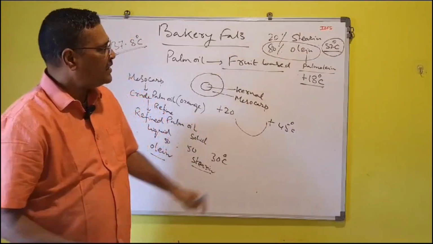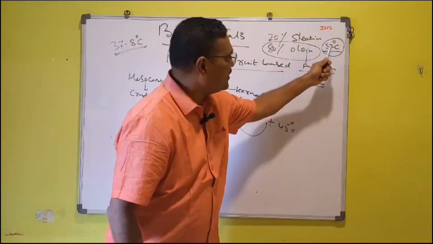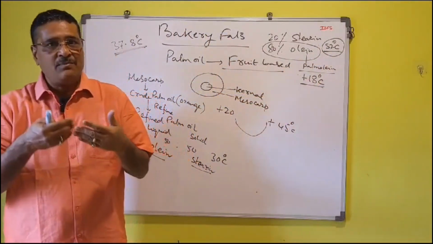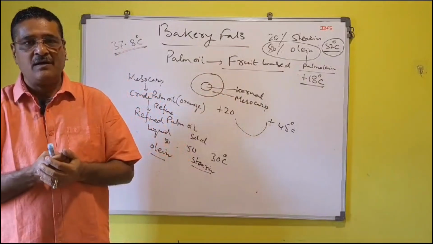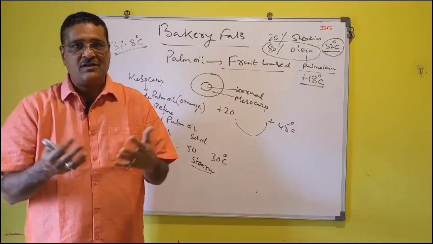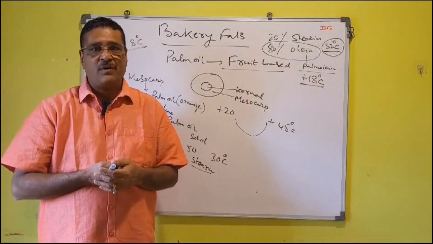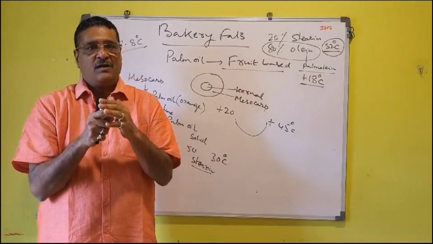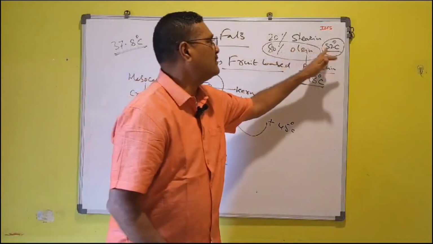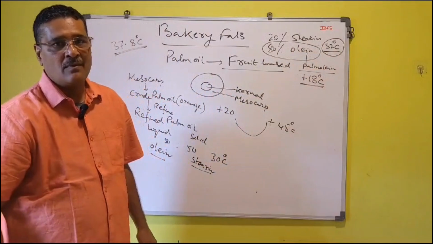It is because of the stearine, which has a melting point of 52, coming onto the surface. Let's say you are purchasing a cookie from a baker. First day it is fresh. There is luster, there is shine on the surface of the product. But as the product goes old, you get a whiter tinge. The whiter tinge is nothing but stearine coming into it.